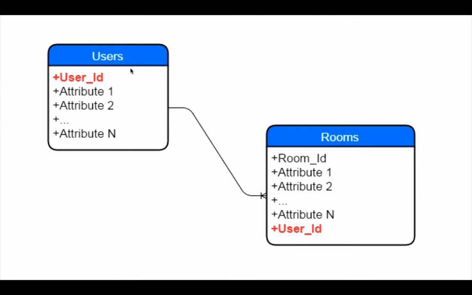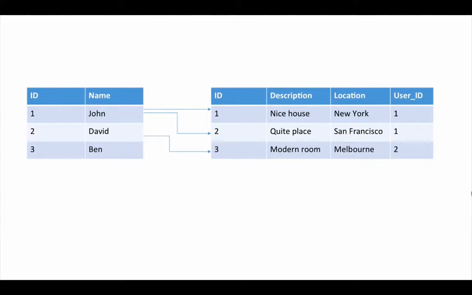If you're not familiar with this concept, let's think about it this way. For example, here we've got the user table and we've got three users, John, David, and Ben. And here is the room table, and we have three rooms. So how do we know which room belongs to whom? Very easy. As you can see, here we've got a user ID in each room.